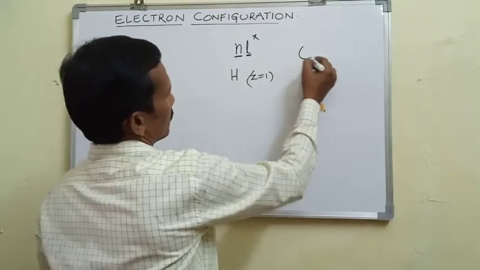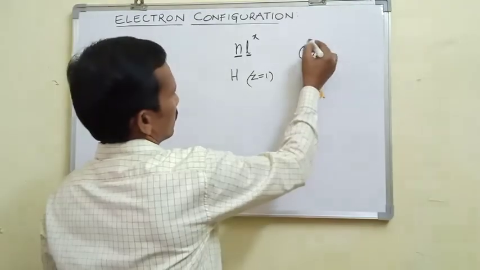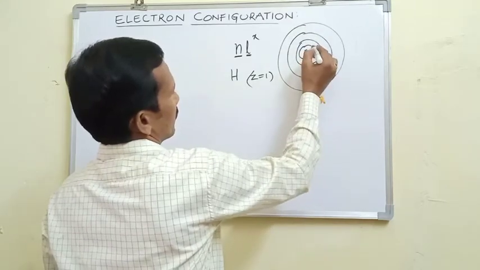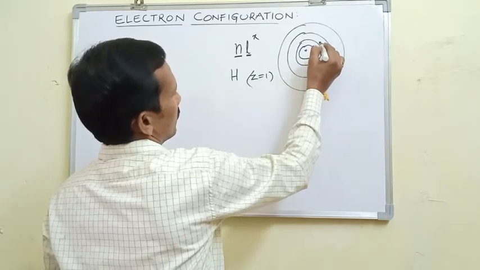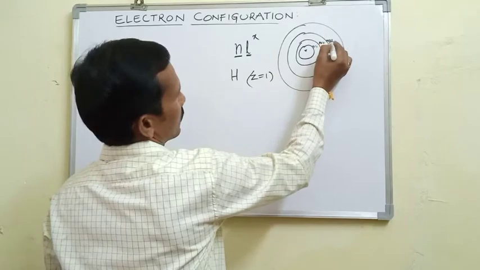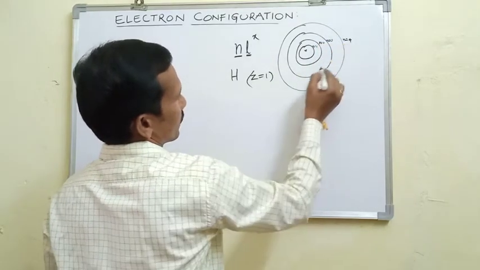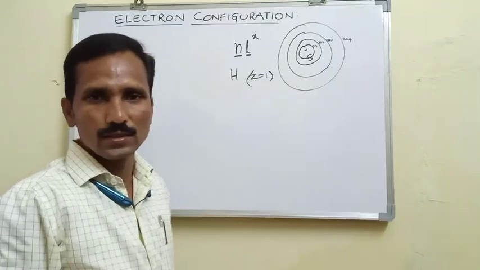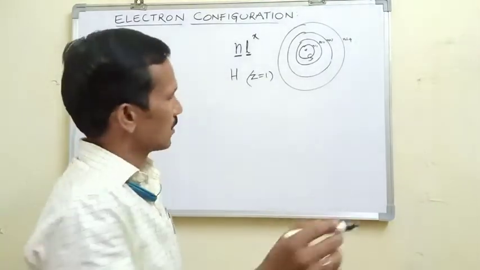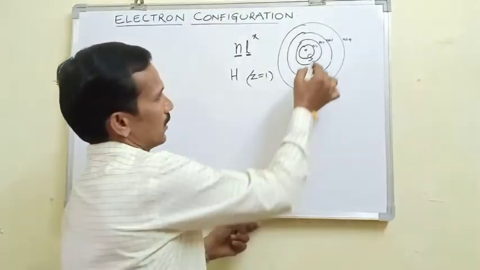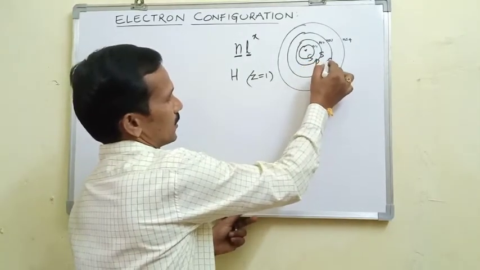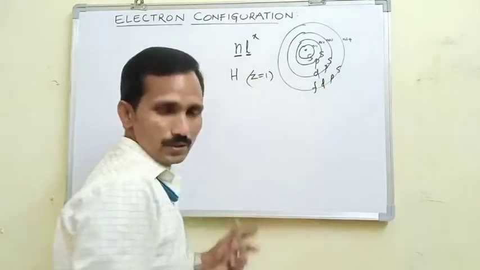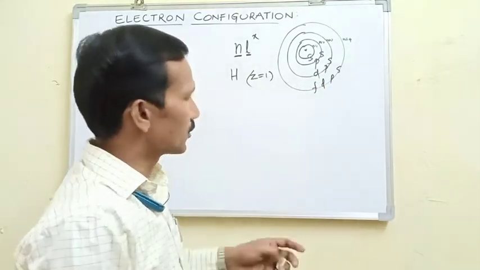We know about the shells and subshells. n is equal to 1, n is equal to 2, n is equal to 3, n is equal to 4. The first shell has only a single orbital, that is s. The second shell has 2, s and p. The third shell has 3, s, p and d. The fourth shell has 4, s, p, d and f orbitals or subshells.